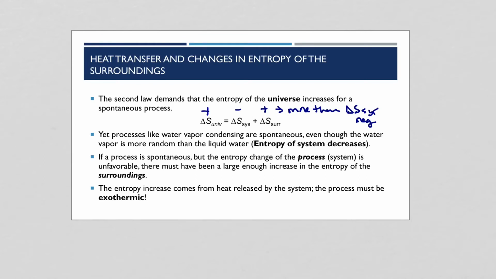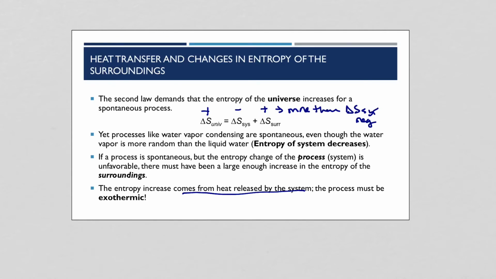Now, how do we get that entropy increase in the surroundings? Well, it comes from the increase in temperature of the surroundings. So the entropy increase comes from heat released by the system to increase the temperature of the surroundings and therefore increase the entropy of the surroundings, right? As the surroundings get warmer, the molecules will move faster.